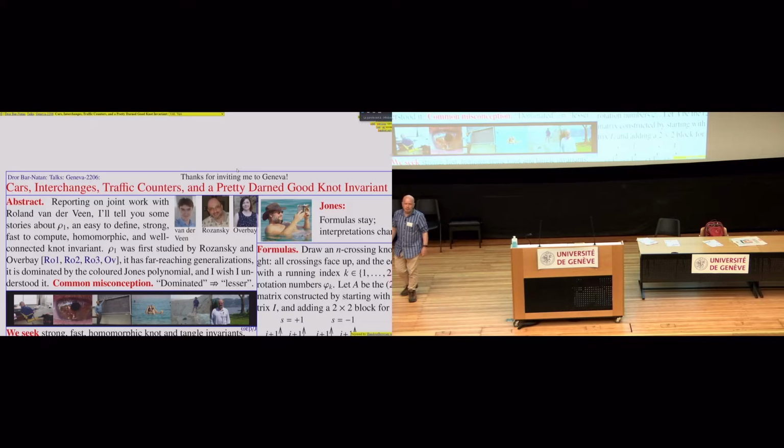I will be reporting on joint work with Roland van der Veen, who is over there. It continues work by Rozansky and Overbay. The invariant is the same, but the formulas are different and the context is different.